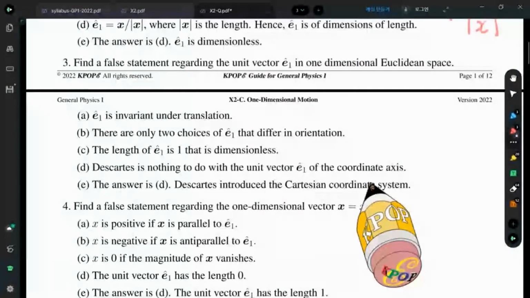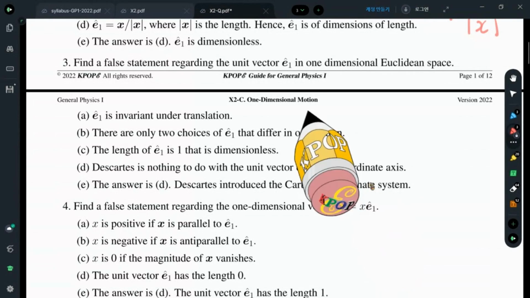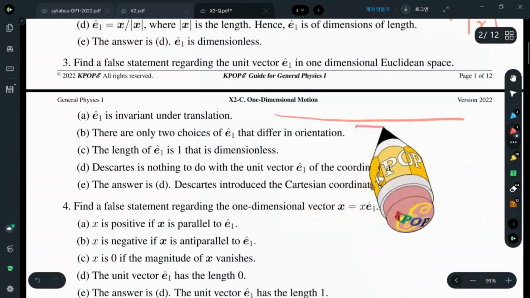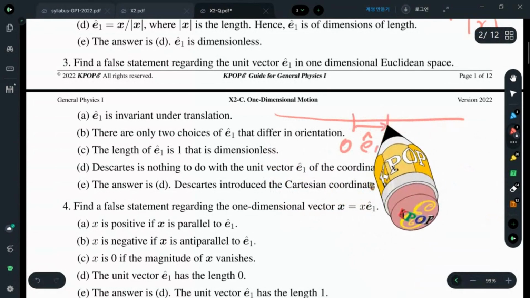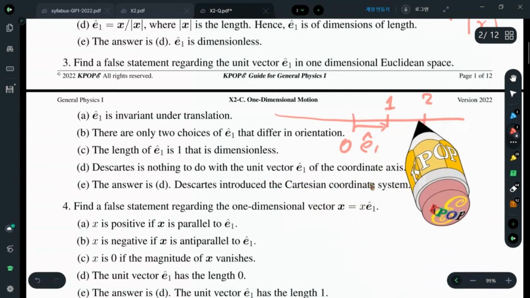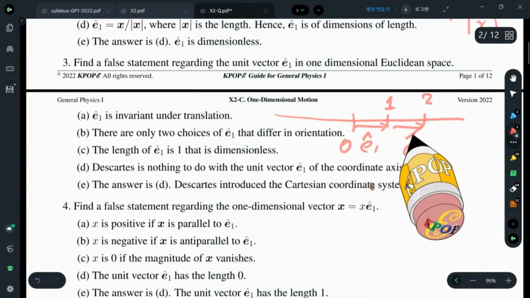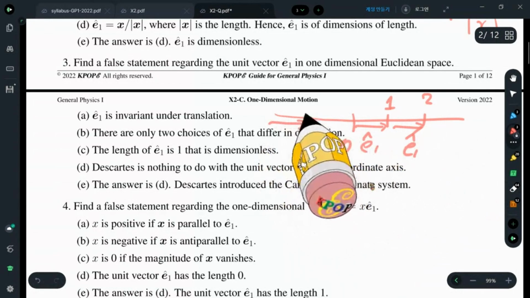Find a false statement regarding the unit vector E1 hat in one-dimensional Euclidean space. E1 is invariant under translation, right? This E1 from the origin to point 1, and this from 1 to 2, is also E1 hat.